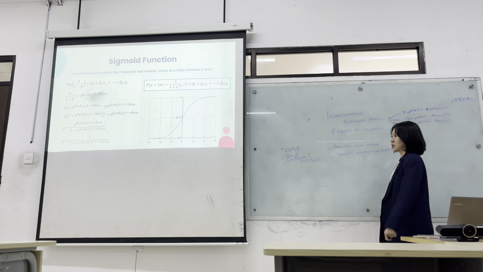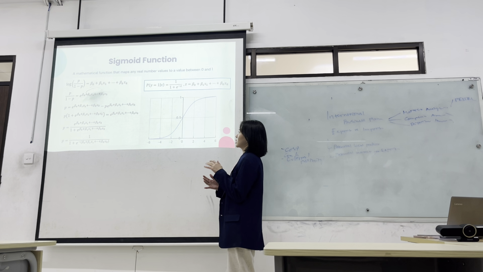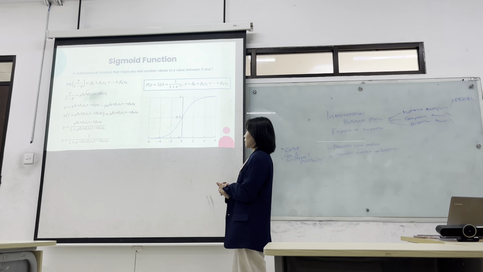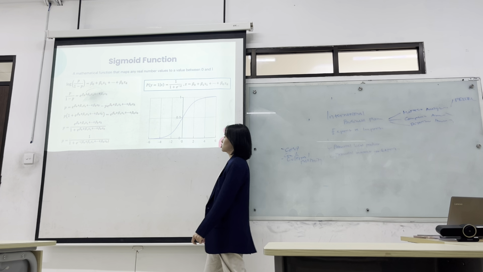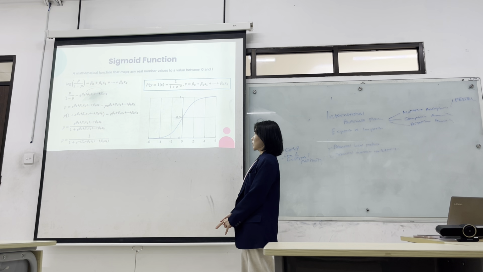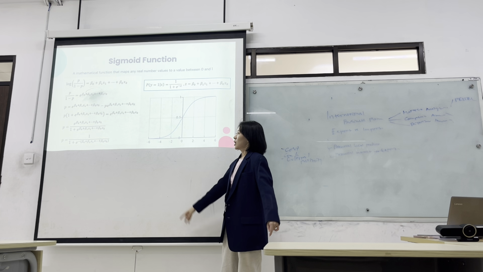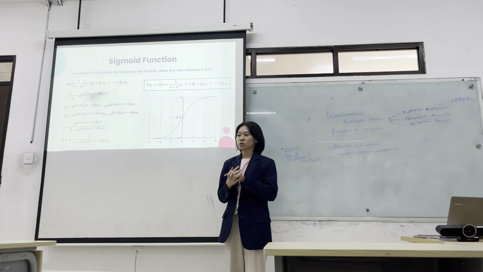And then next we continue to the sigmoid function. The sigmoid function is a mathematical function that maps any real number value, so it can be from minus infinite to infinite, into a value only between 0 and 1, as shown in the graph here. And the sigmoid function is actually like the inverse of the logit function.